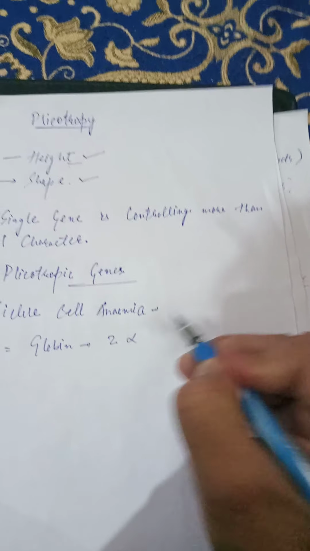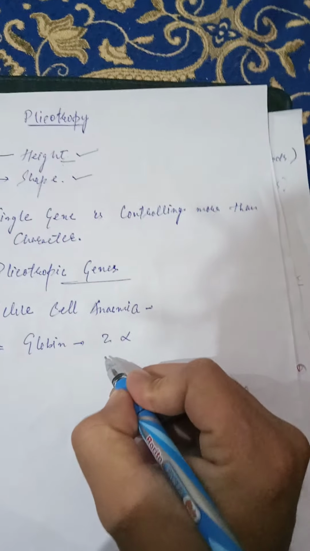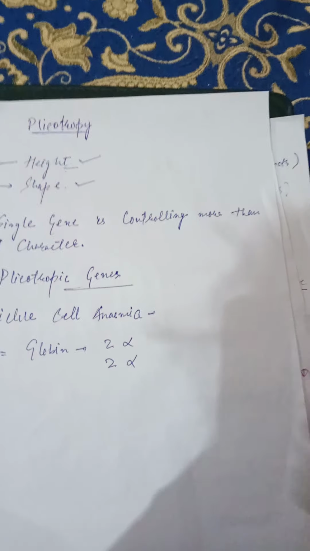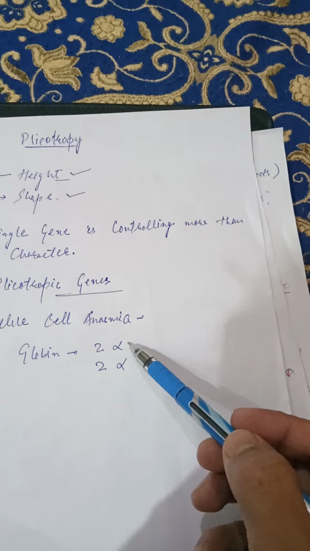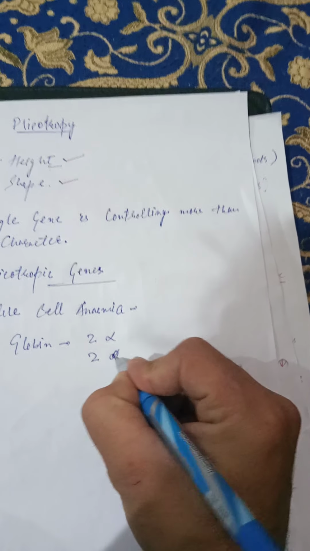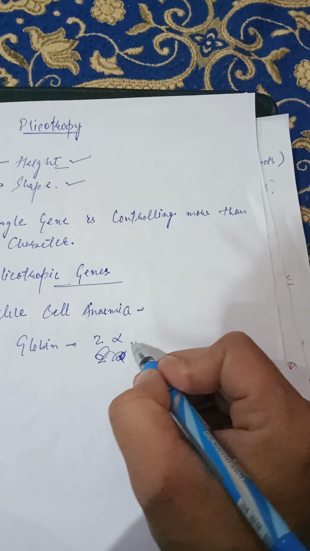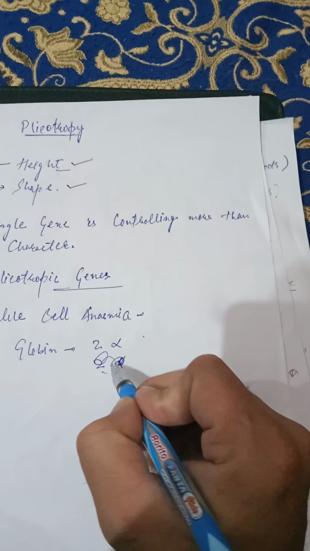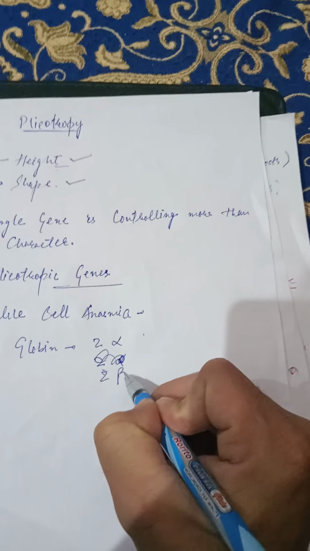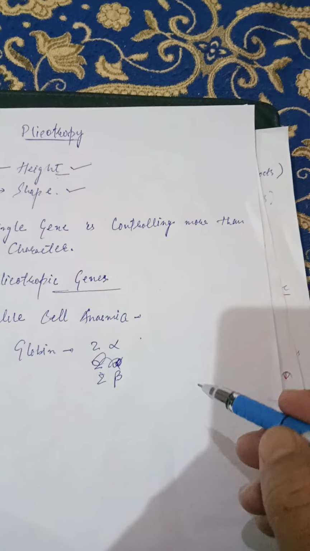Two alpha polypeptide chains and two beta polypeptide chains. Normal hemoglobin has two alpha polypeptide chains and two beta polypeptide chains, right? So what is sickle cell anemia?